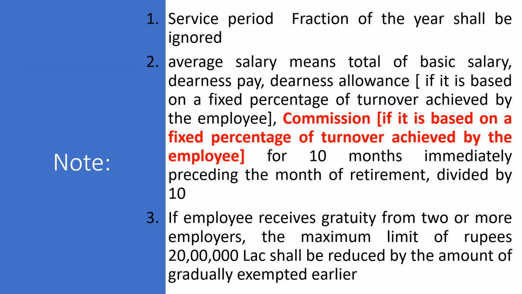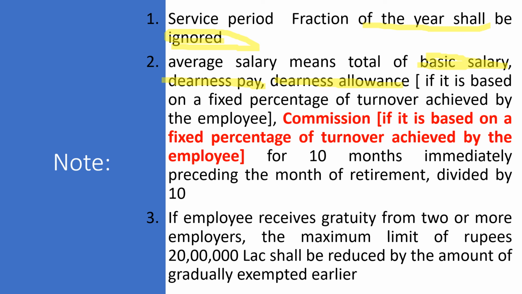Then these are the notes. One more important thing: in the covered format, a fraction more than 6 months is counted as 1 year and less than 6 months is ignored. But here, any kind of fraction should be ignored. Salary should be basic salary, and DA allowance, but this DA should be part of retirement benefits.